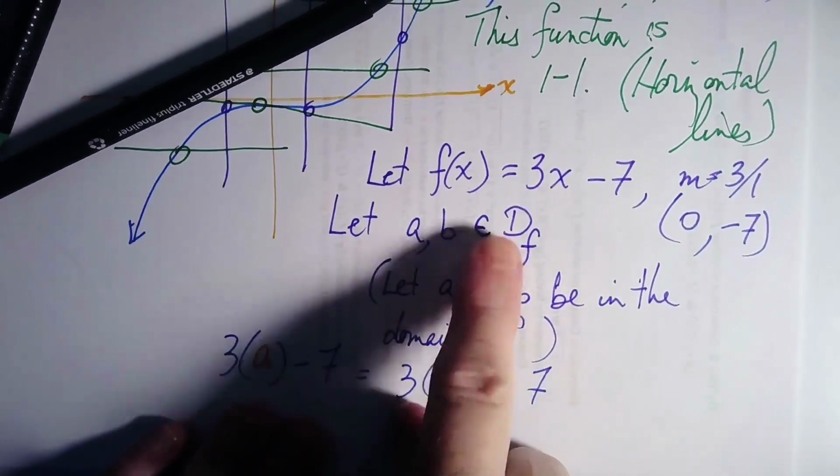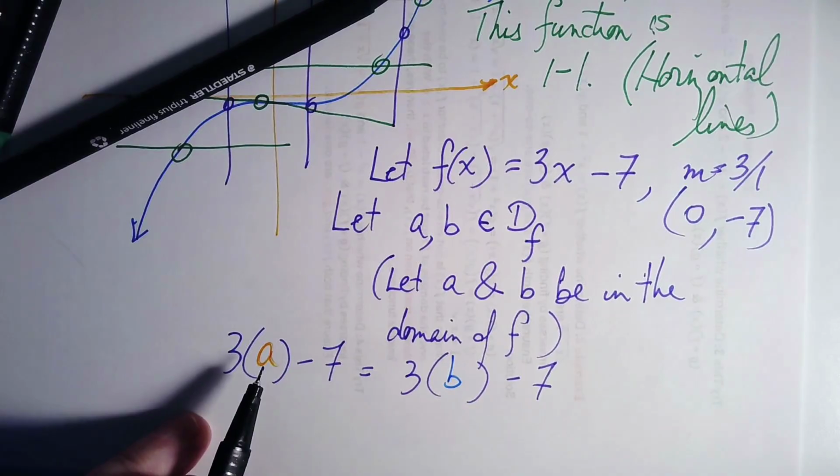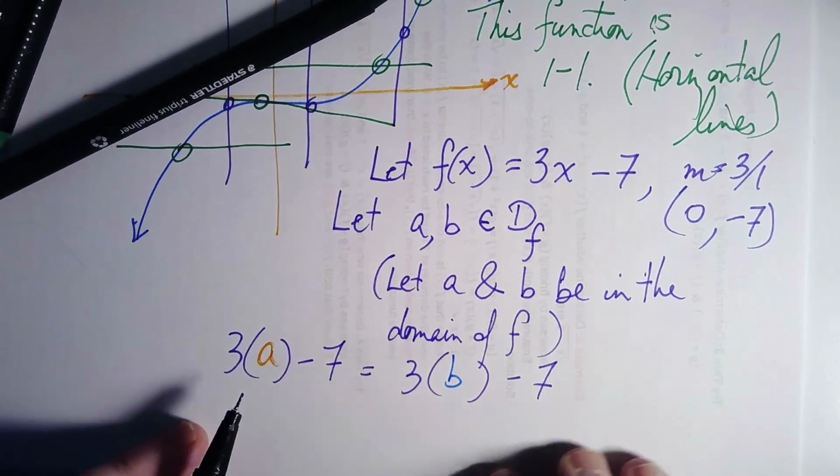So you take two copies of the function, put one element in one and another element in the other, and then solve for the first one.